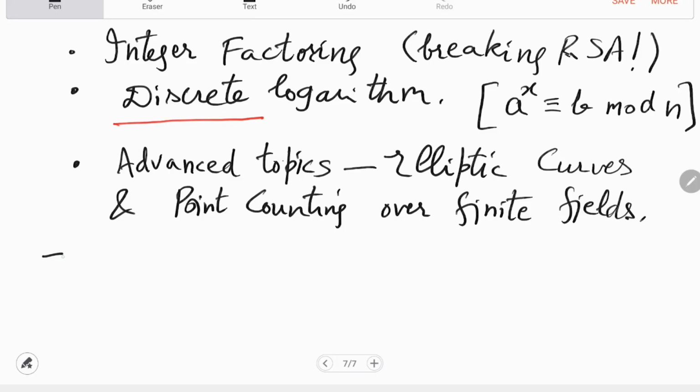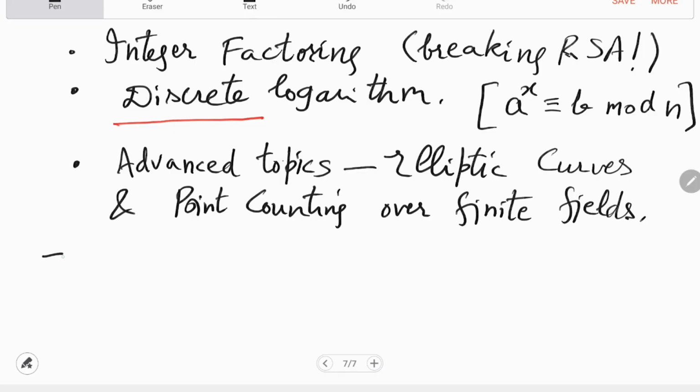So references are many. For each of these topics there are many lecture notes, surveys, and papers that you can find if you simply search in Google. There are also Wikipedia pages on each of these topics. Giant literature is there, so I am not pointing to anything specific. You can read from wherever you want.